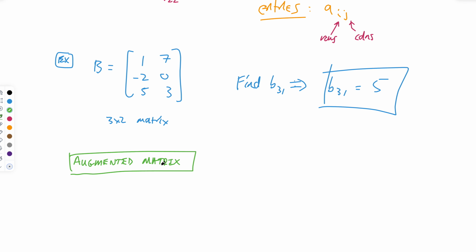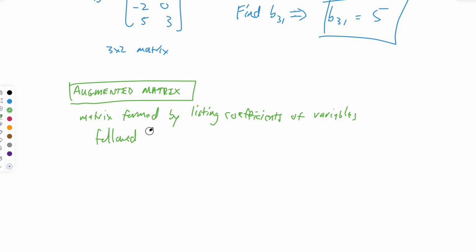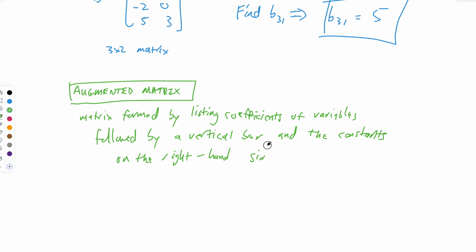So an augmented matrix is going to be the matrix that gets formed by listing my coefficients of my variables, and then it's going to be followed by a vertical bar, and then the constants of your system on the right hand side. All right, so when I write this out, this will kind of make more sense.